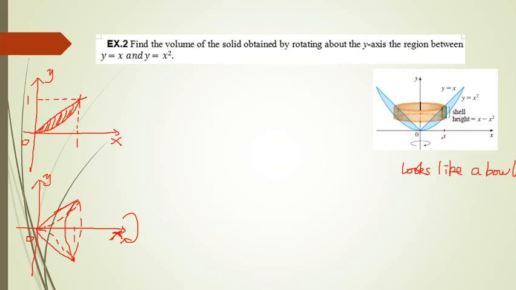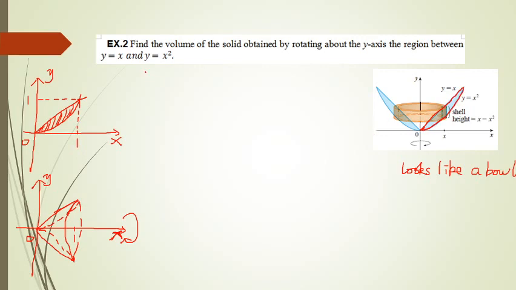Now let's check this region first. We know it's from 0 to 1. This is the straight line, and this is a parabola.